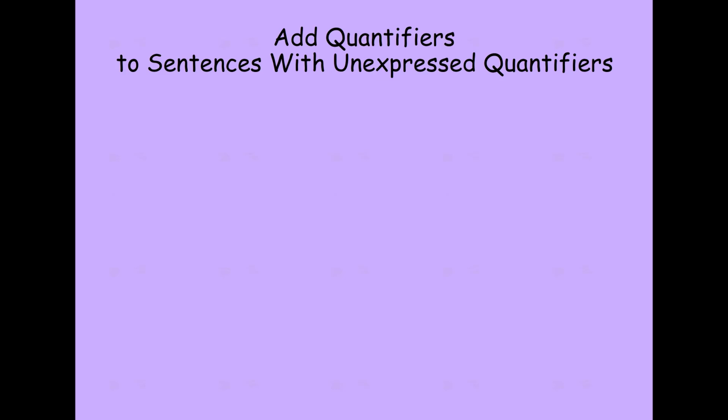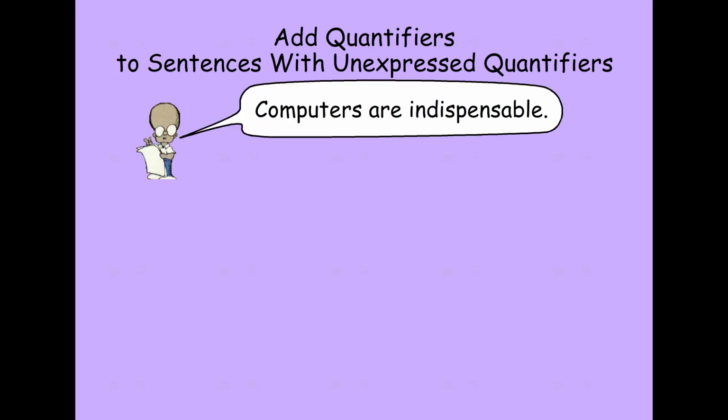Lots of sentences have unexpressed quantifiers. They don't explicitly tell you how much. And so when we have that, we've got to add a quantifier that makes sense in the context of the content of that sentence. So suppose we have a sentence like this: computers are indispensable. We want to stop for a minute and think to ourselves, well, not every computer is indispensable.